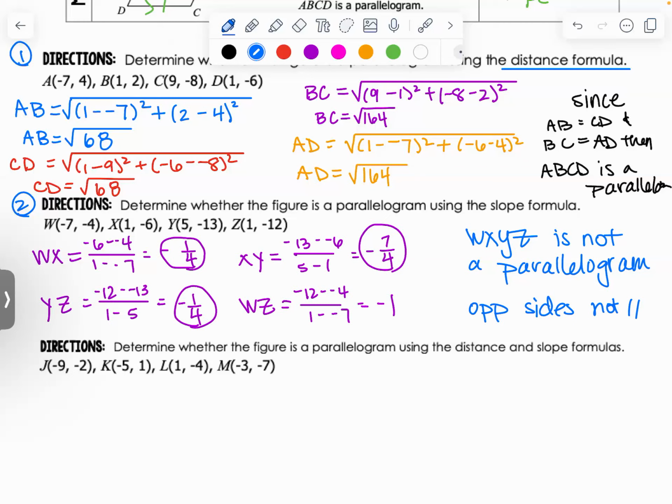I'll explain what I want you to do in the homework, but you're gonna get to have some choice. Now, I have a question. If I have one set of sides parallel and two not, what kind of figure is it? We'll talk about this more next week.